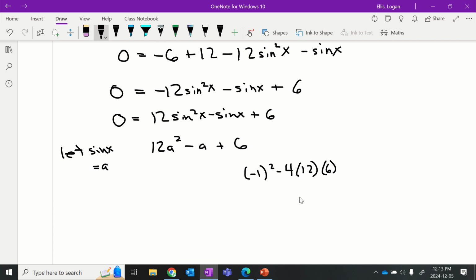That's 1 minus a really big number, so it's negative, so this does not exist. So there's no solutions for this one here as well.